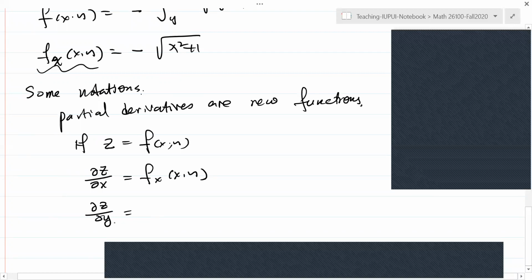Here z equals f of xy means you have three quantities. z depends on x and y by this formula. So the partial derivative of z with respect to x is the rate of change in z with respect to x. That is given by this formula, and we already defined that. And we also have this one.